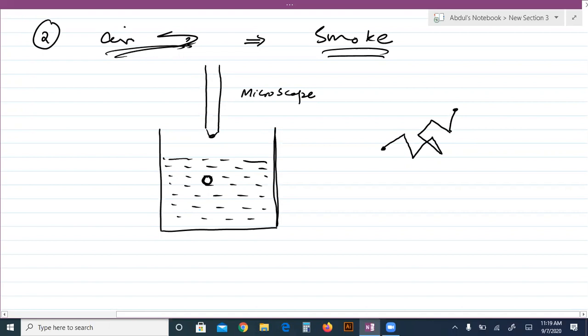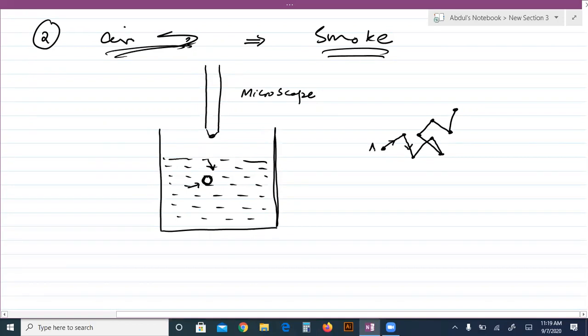But for a short period of time, the motion is linear, then it changes direction. Reason behind, the water molecules are colliding with the pollen grain. It moves in one direction. When another molecule collides with it, it changes the direction.